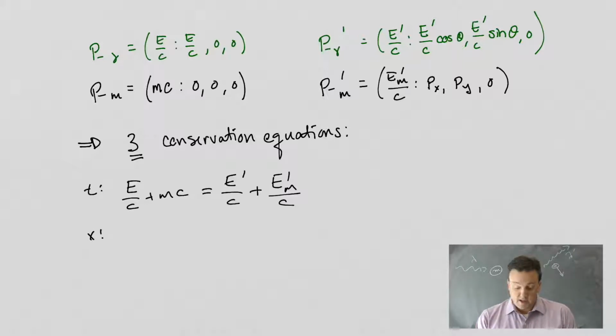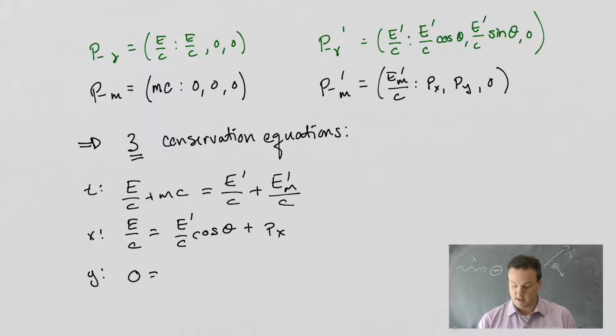In the x direction, I can do the same thing. Here, the left-hand side is a little bit easier because it's just E over c has to be equal to E prime over c cosine theta plus px. And the last one that I have to write down is y, where I have 0 on the left-hand side is equal to E prime over c sine theta plus py. And now I can do a little more algebra on this.